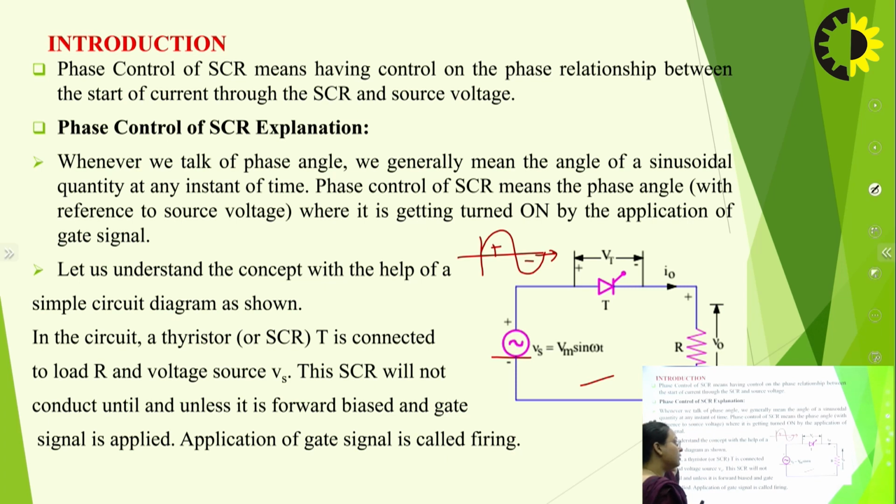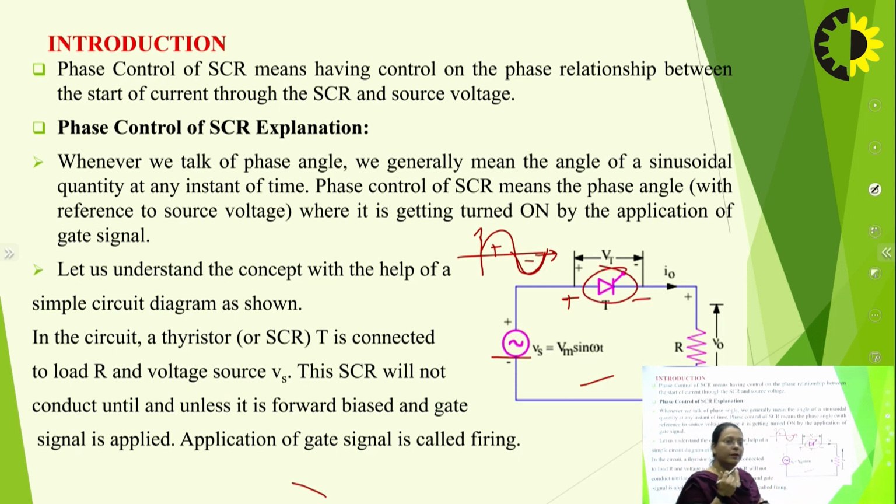During the positive half cycle of the supply voltage, the thyristor will get forward biased, and during the negative half cycle, the thyristor will get reverse biased.